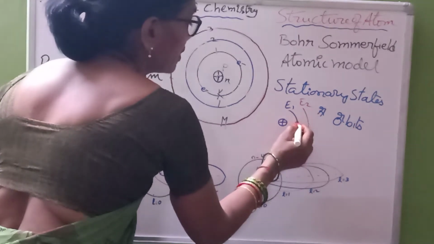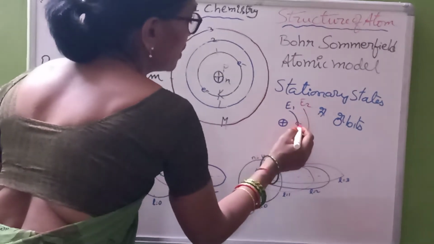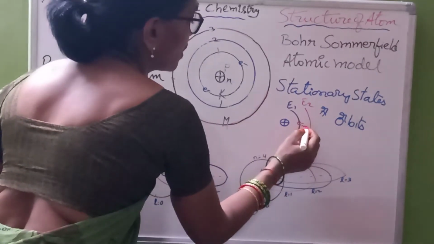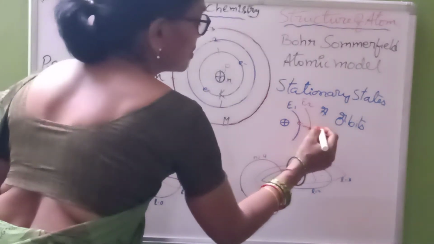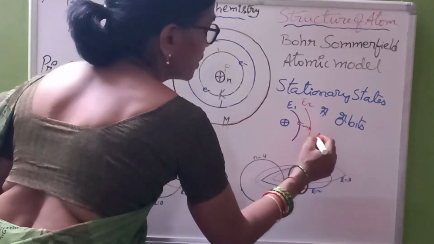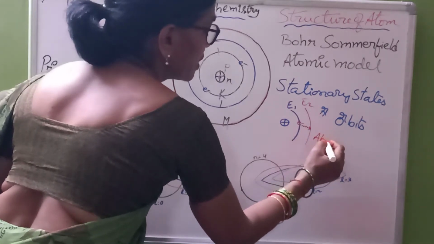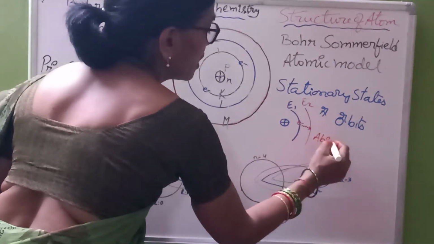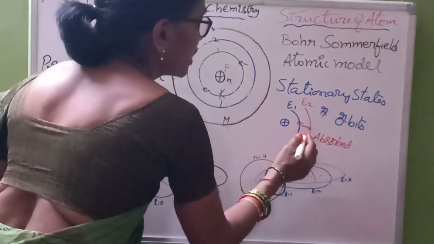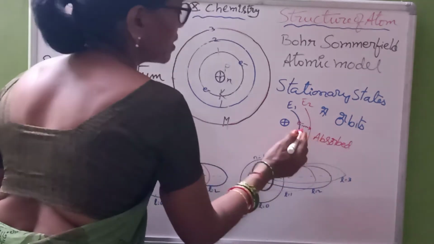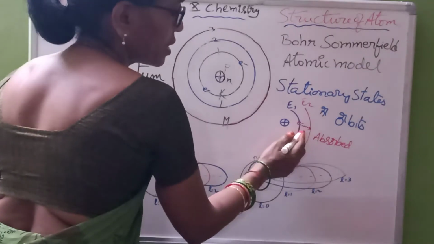So when the electron is in the ground state, by absorbing a certain amount of energy, it goes to the next energy level. At that time it requires some energy, so energy will be absorbed. Because of this, there is a chance of getting an absorption spectrum.